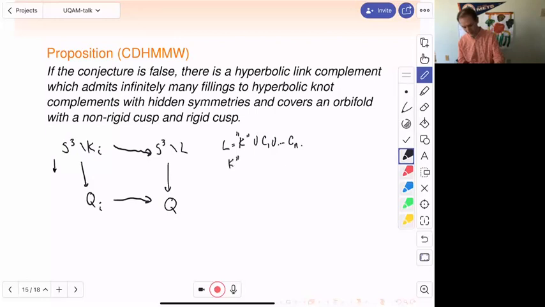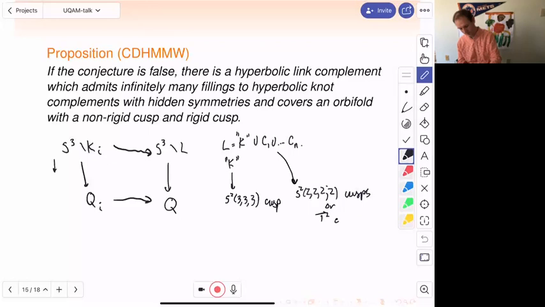And this cusp K would cover, say, something rigid. You might as well assume that it's an S2333 cusp, and then all these other components would cover either S2222 cusps or T2 cusps.